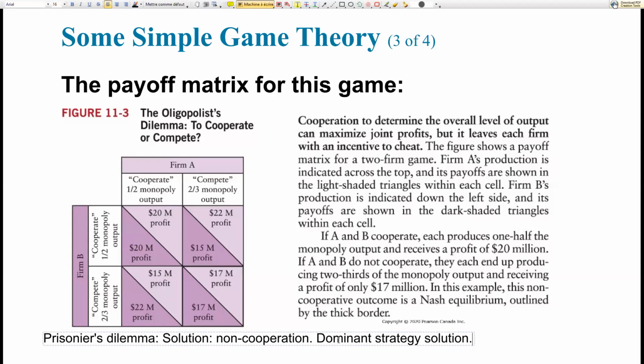So dominant strategy solution: a single strategy is better no matter what the adversary does.